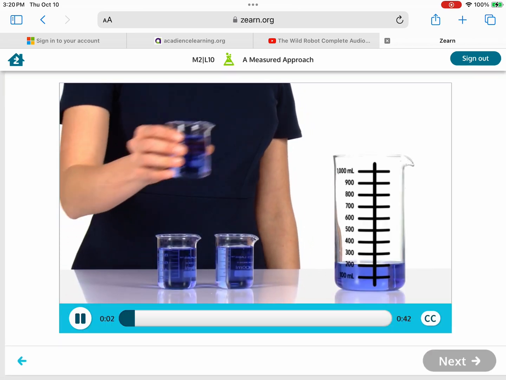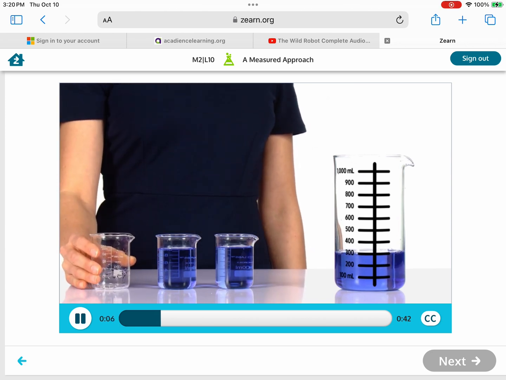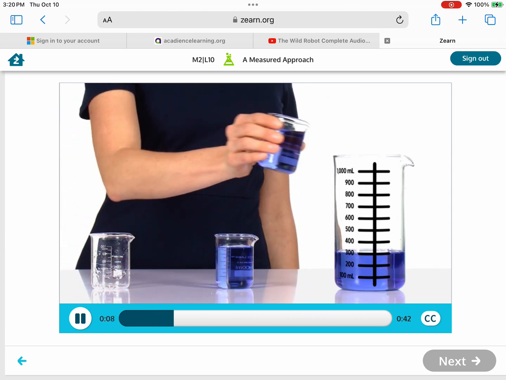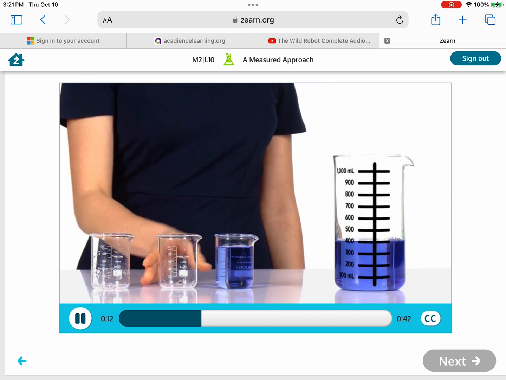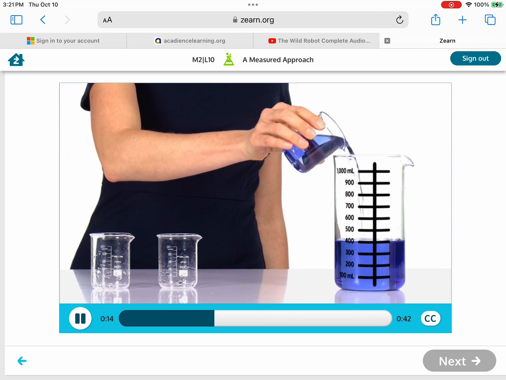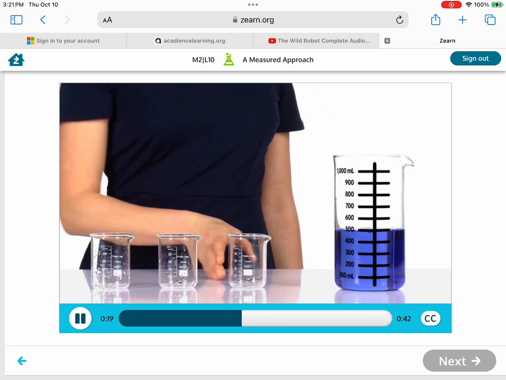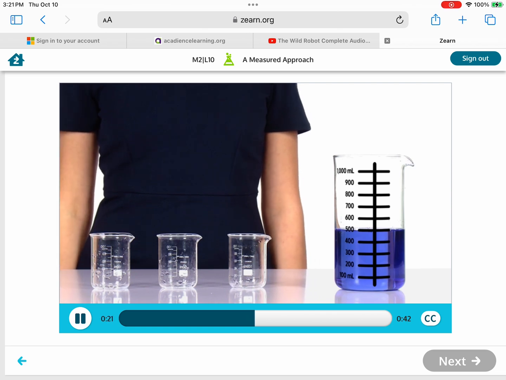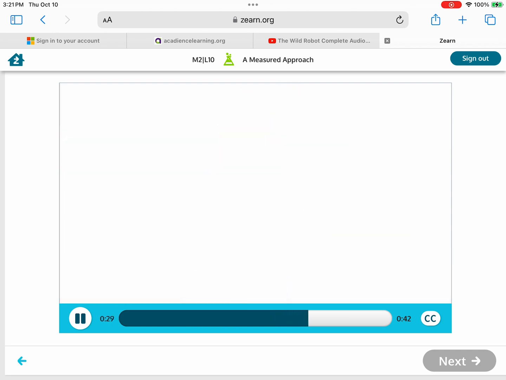I'll pour in 100, 200, 300 milliliters more to get to halfway. Look, now the water is about halfway to 1 liter because there are about 500 milliliters in the container.